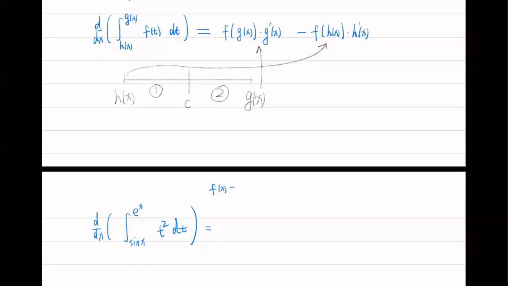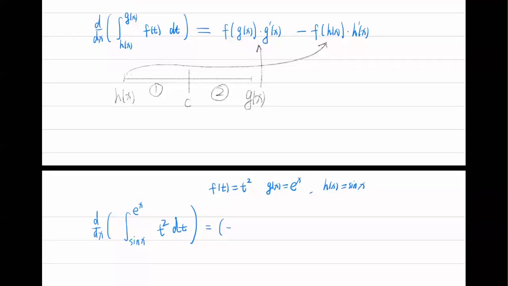Okay, let's keep t. Maybe t is fine. t squared, g of x e to the x, h of x sine x. So this will be f something square, g is e to the x squared. And the derivative of e to the x is another e to the x.